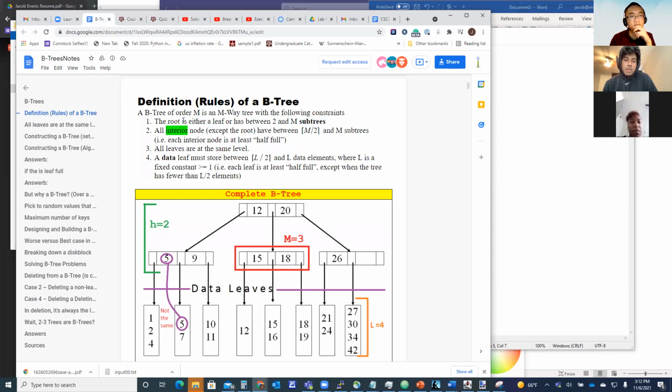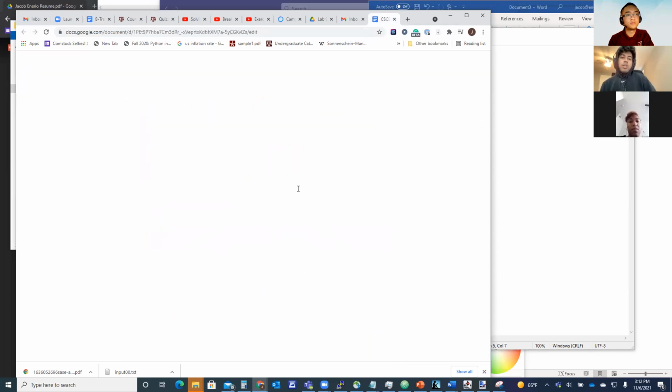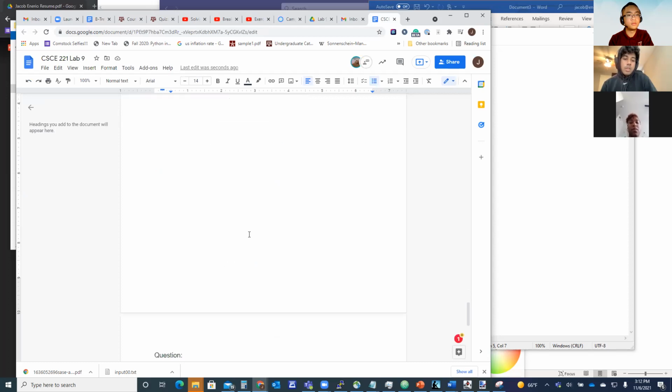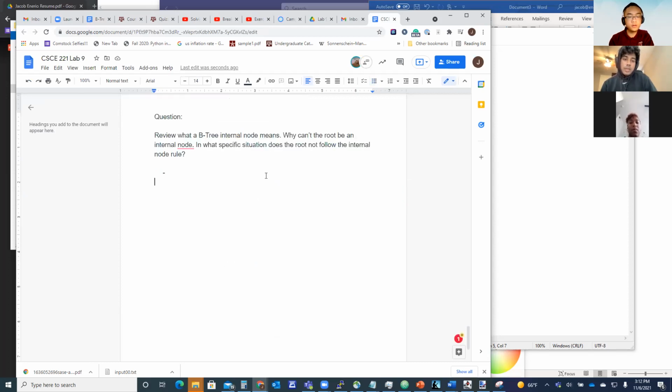So we could probably just copy this. Yeah, because I would first define what an interior node is, and then you can talk about the m/2 to m subtrees thing. Okay, so an interior node cannot be a leaf.